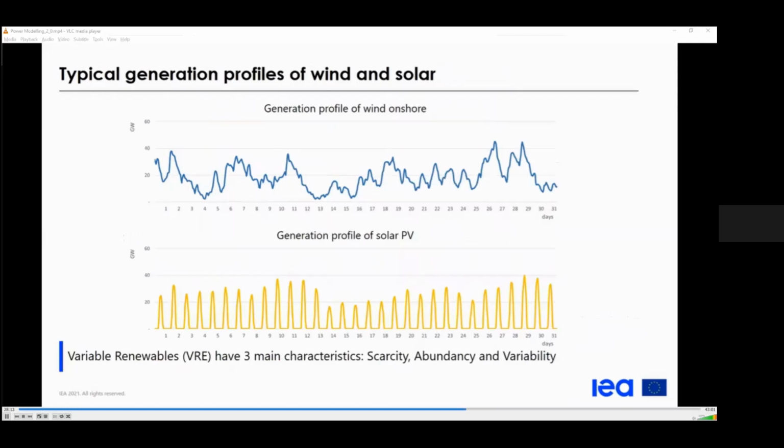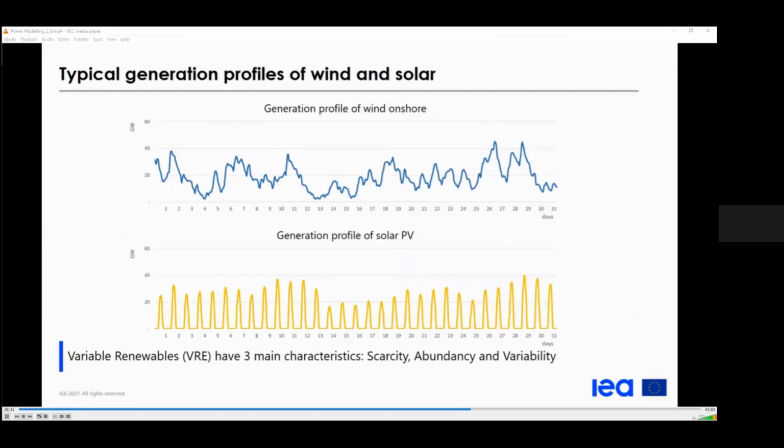But a point to keep in mind when we are talking about wind and solar PV is that the electricity generation, their output, is really depending on the underlying natural resources.